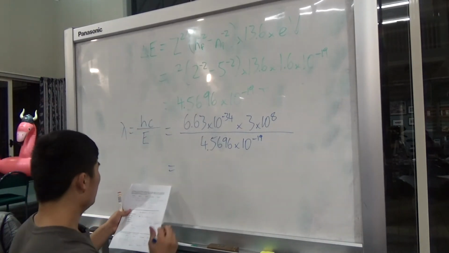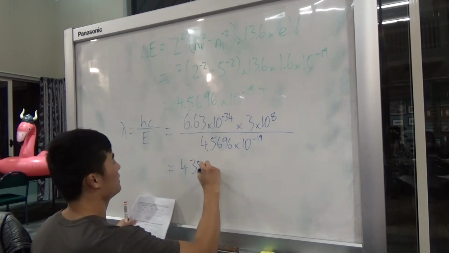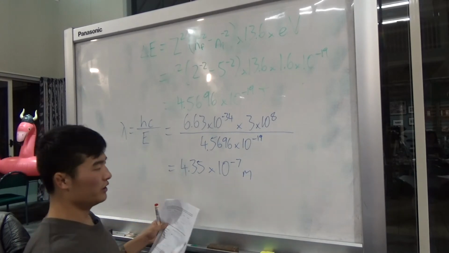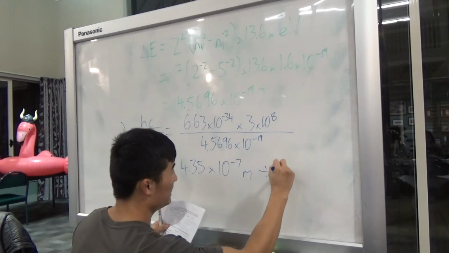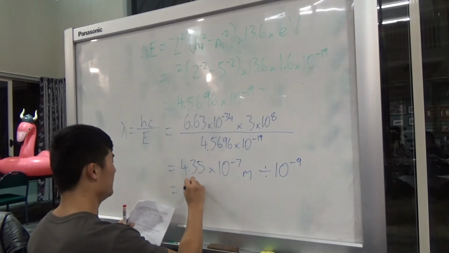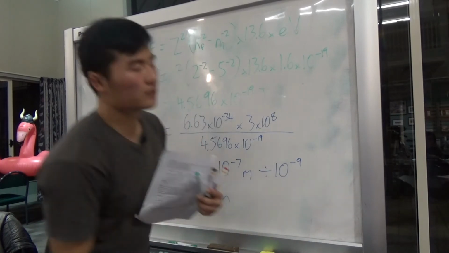And that will be 4.35 times 10 to the -7 meters, and you want to turn that into nanometers, so divide by 10 to the -9, and that will give you 435 nanometers.